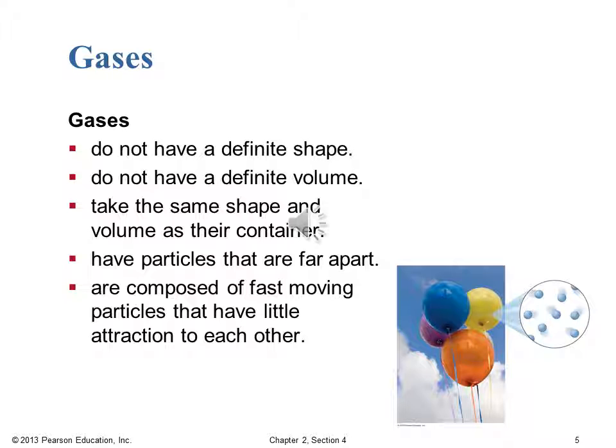They take the same shape and volume as their container. So if you were to pour a gas into a 2-liter bottle and cap it, now the gas has occupied that full 2-liter bottle. If you were able to pour that gas into, say, a 1-liter container, and cap it, it would take the shape and the size of that 1-liter container.